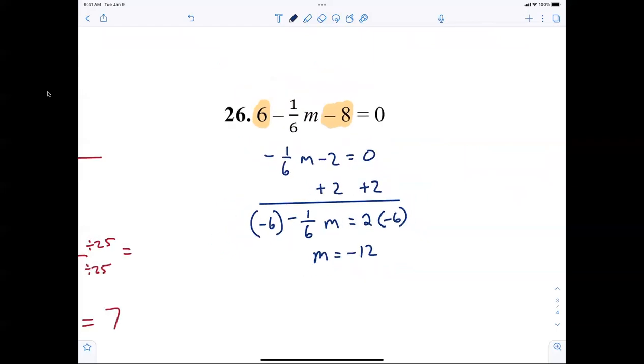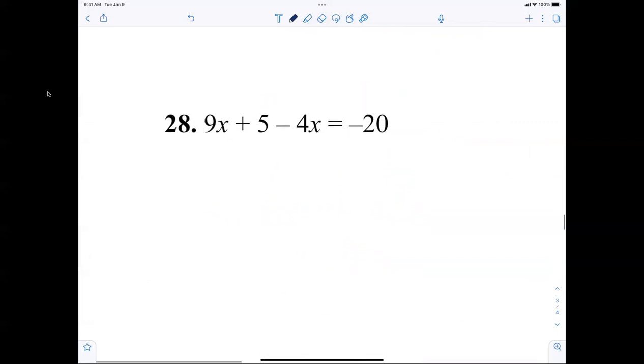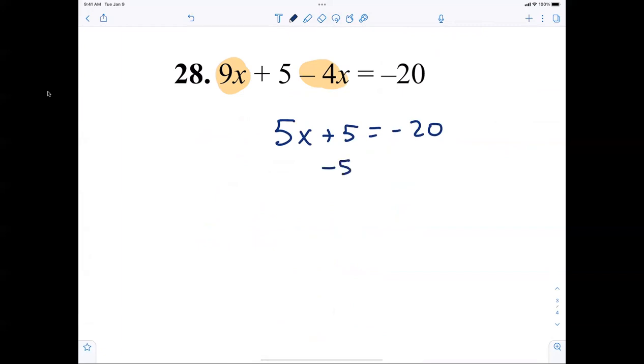All right. Okay, 28. Come on, Lily. So you do put 5x plus 5 equals negative. Now what? So then you do minus 5 on both sides.